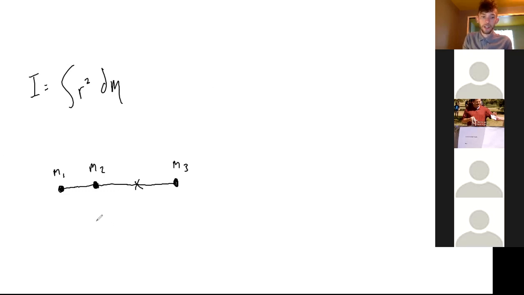We can just use a summation idea where we would take the mass of each point particle, multiply it by the distance to the axis of rotation squared, and then add all those up. And that would give me the I value that way. So keep that in mind.